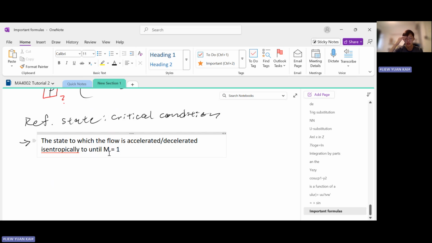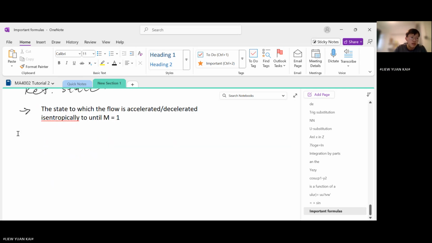Or you can have a gas whose speed is greater than the speed of sound, so you need to decelerate it down to Mach number equal to 1. Either way, you do this through an isentropic acceleration or deceleration until M reaches 1, and that state is called the critical state or the critical condition.